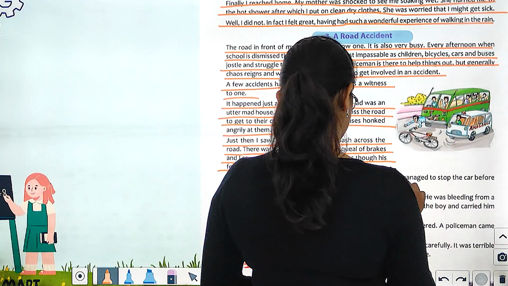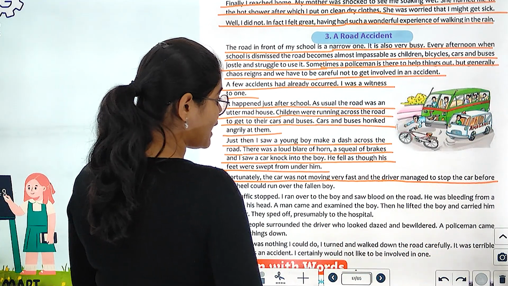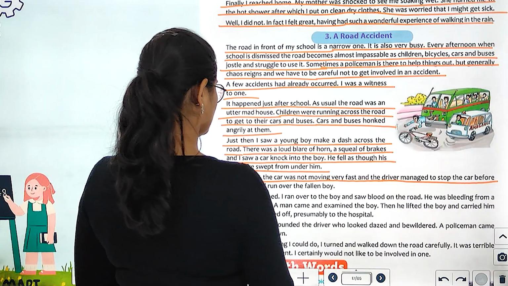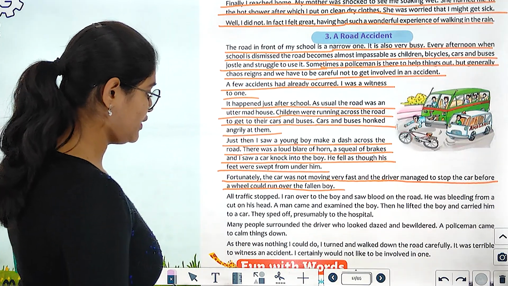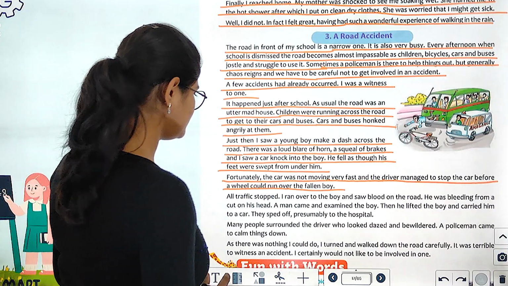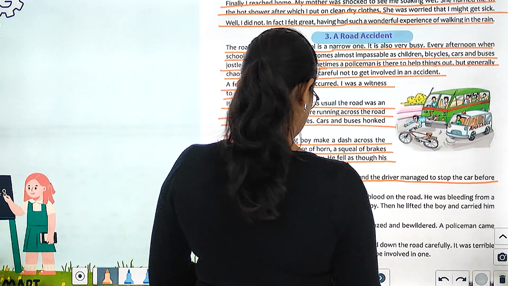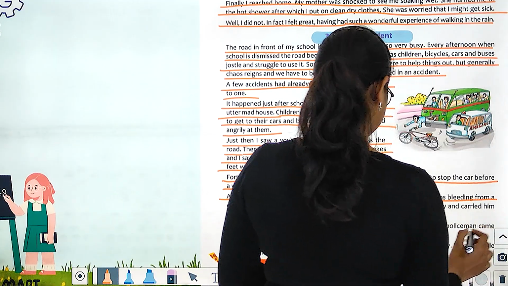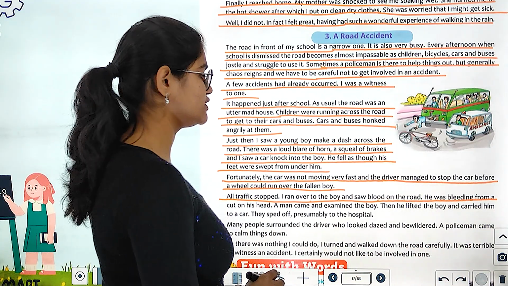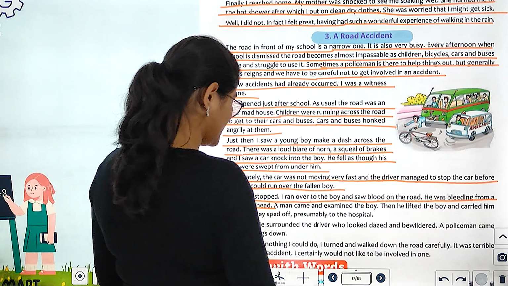Fortunately, the car was not moving very fast, and the driver managed to stop the car before a wheel could run over the fallen boy. All traffic stopped. I ran over to the boy and saw blood on the road. He was bleeding from a cut on his head.